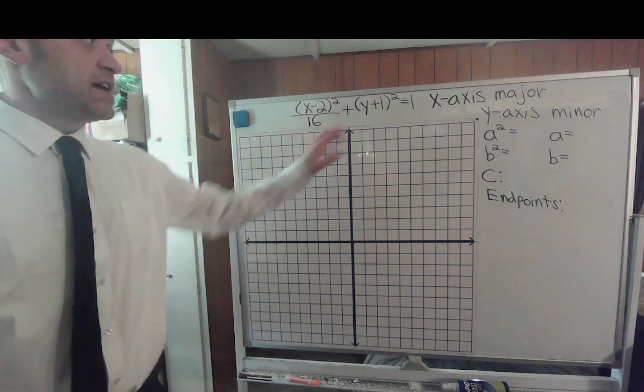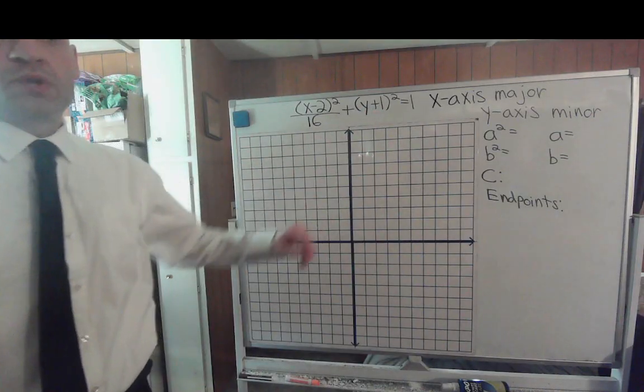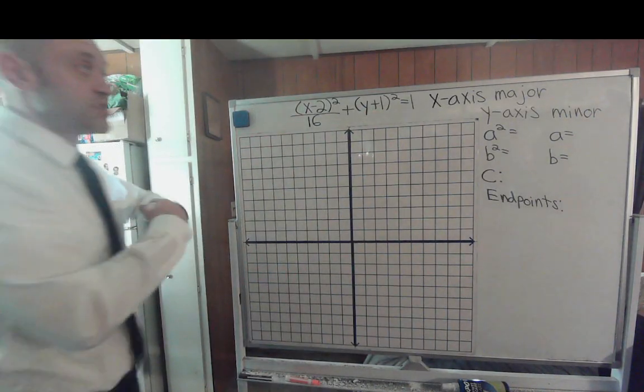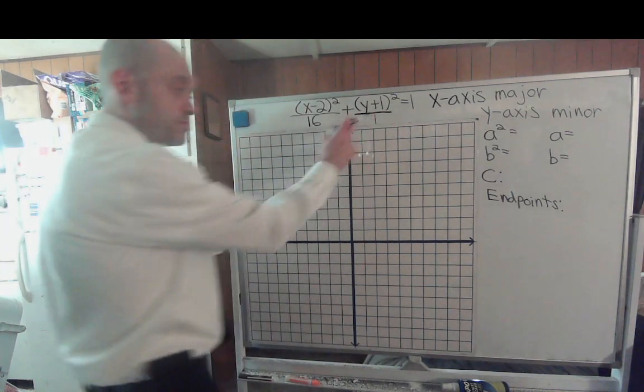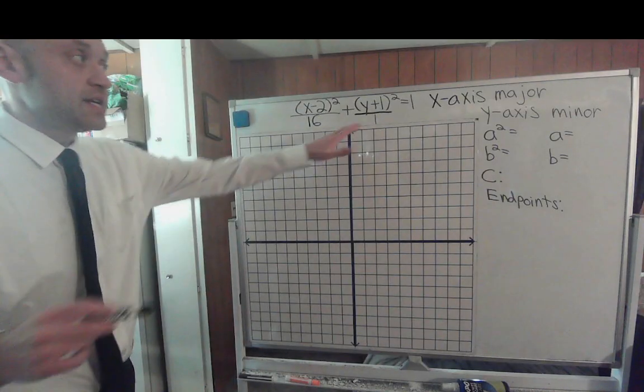Well, we don't have a denominator for y plus 1, right? Well, we can just use the principle that the denominator is an invisible 1. So if it helps you, go ahead and put a 1 there for your denominator.